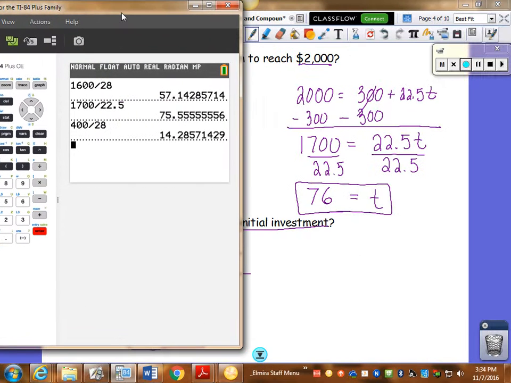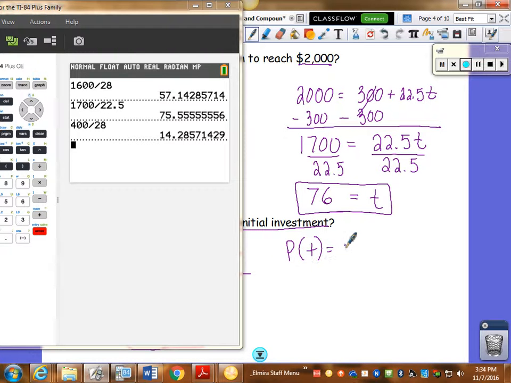Let's look at Warren. So doubling, his original formula is P of T equals 300 plus 22.5T. His initial investment was $300. So if I double that, we're talking 600.